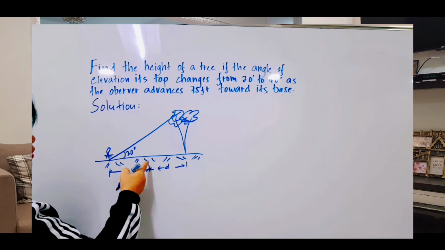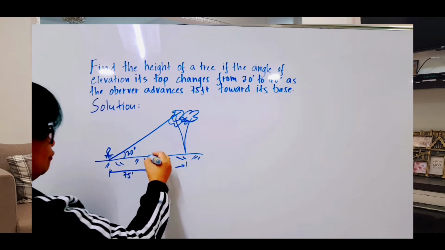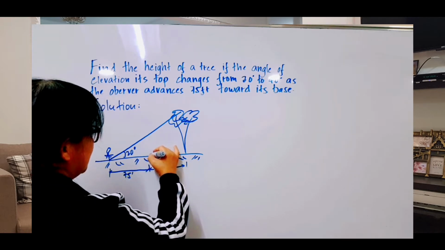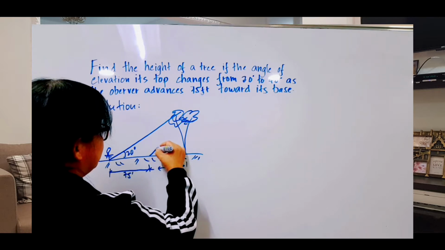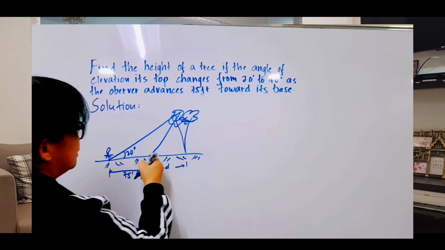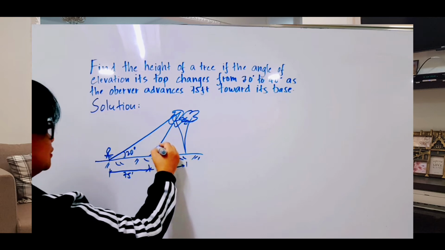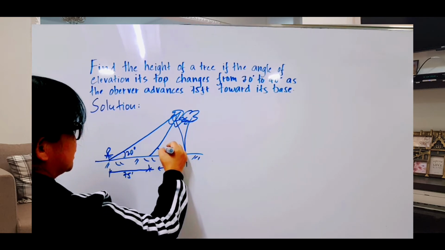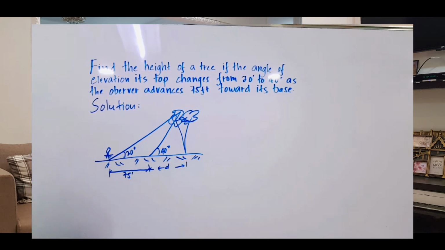And the angle of elevation is 40 degrees. So, at the point of 75 feet, he's measuring again the angle of elevation at the top of the tree, which is equal to 40 degrees. Now, as we know, how do we call it an angle? Because it is a space between two intersecting lines.